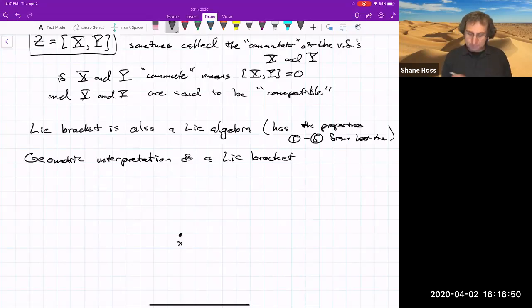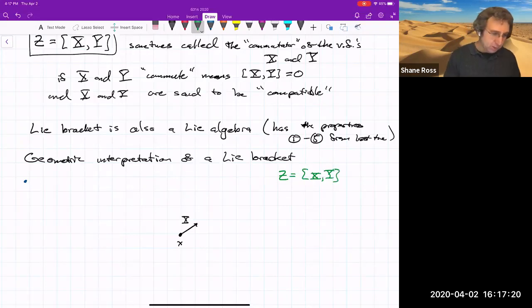We're starting at our point x, and at x, here's big X, the vector field at x. I'm trying to give a geometric interpretation of what Z is, so maybe I'll write that in green. C, the Lie bracket of X with Y.